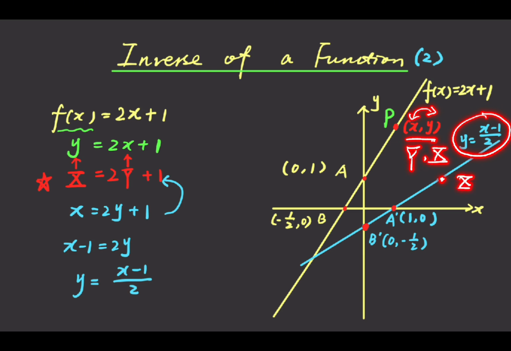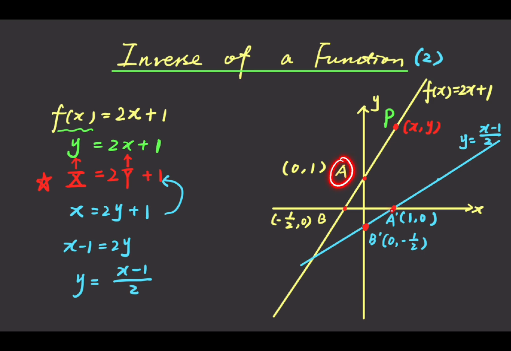So for this point, it should be x comma y. Okay? Then we get this expression. This expression represents this straight line. And this point, the x coordinate is 0, the y coordinate is negative 1 over 2.